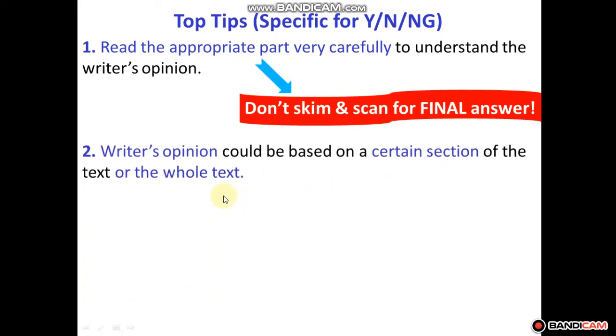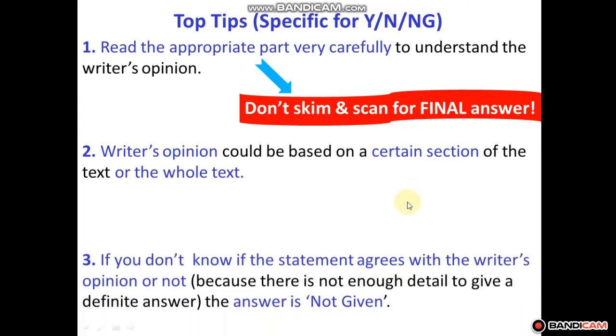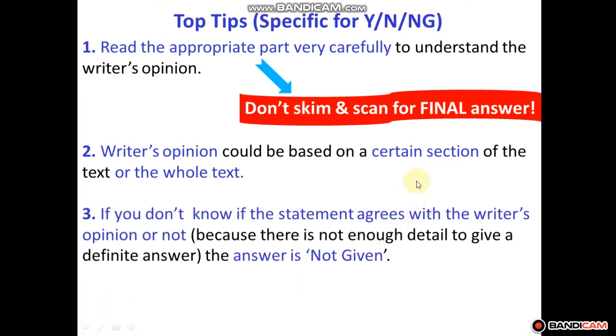Tip 2, the writer's opinion could be based on a certain section of the text or the whole text. It is possible. So you should scan and find it out. And number 3, if you don't know if the statement agrees with the writer's opinion or not, because there is not enough detail to give a definite answer, the answer is not given in that case.